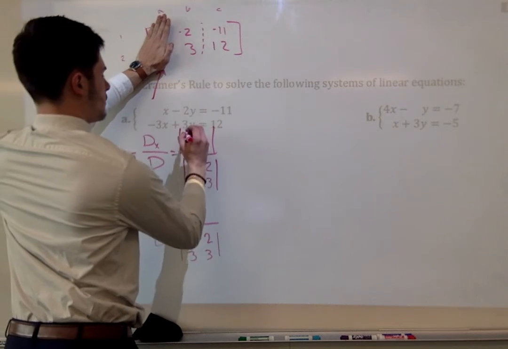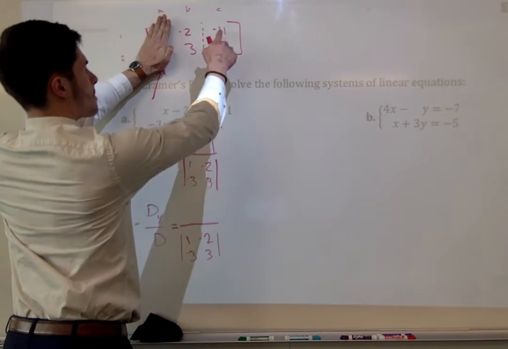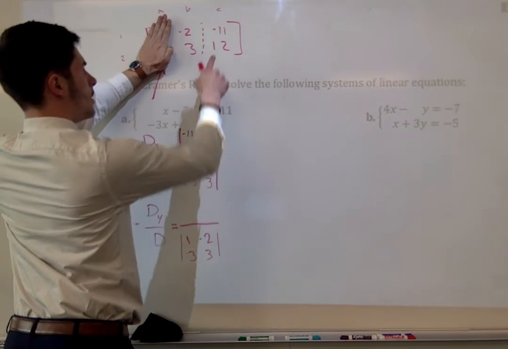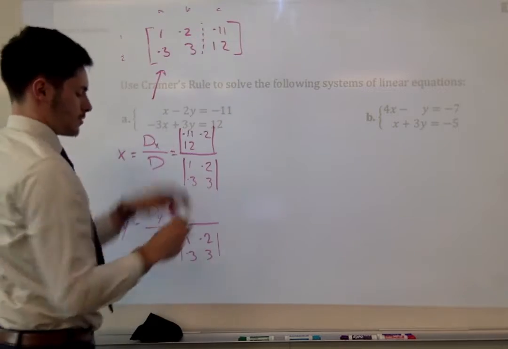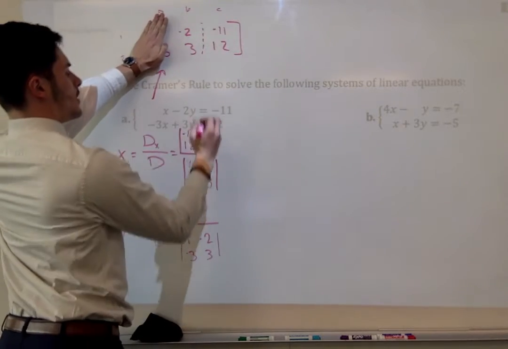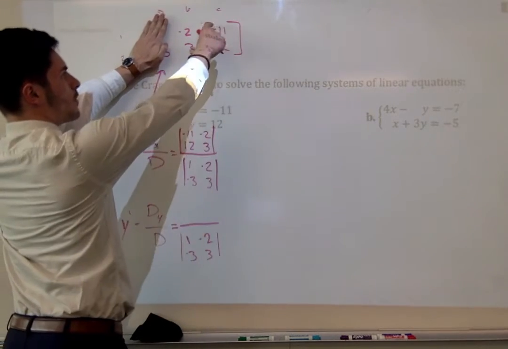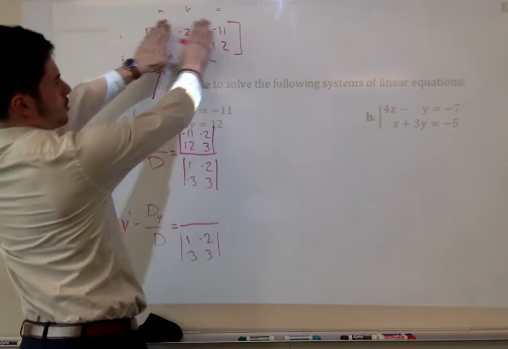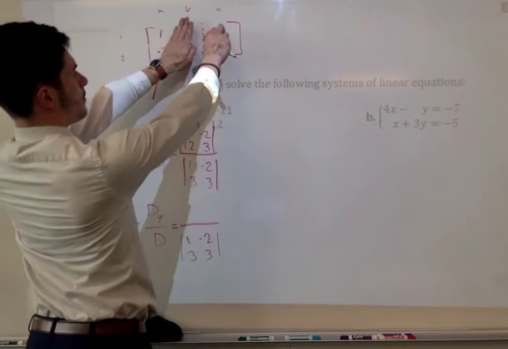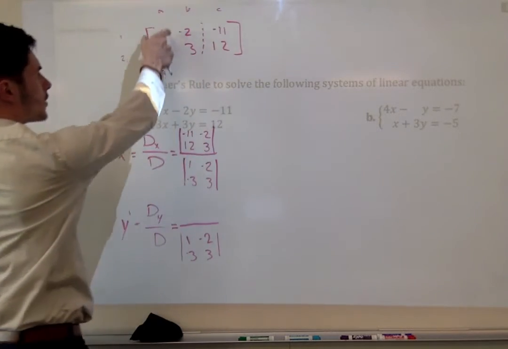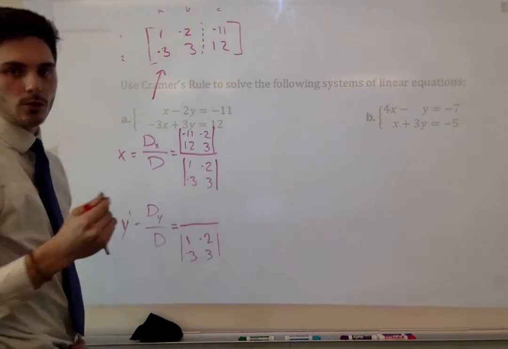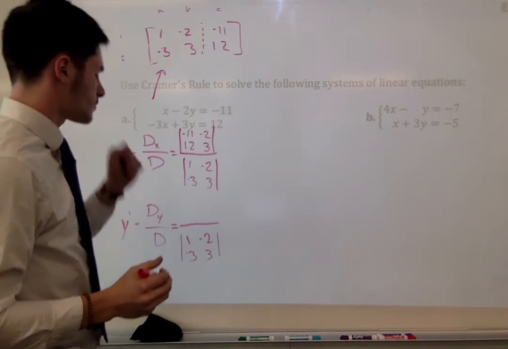So we've got -11, -2, 12. So sorry, 12 and then 3, because we move the column over, we don't just push it over. So C, like literally, you could slide it up and place it over top of A, and that's what the matrix would look like, and that's what we have here.